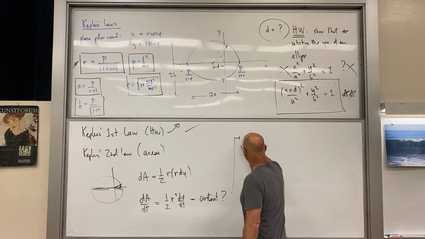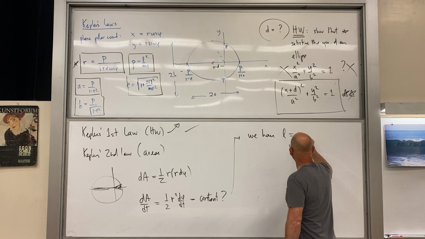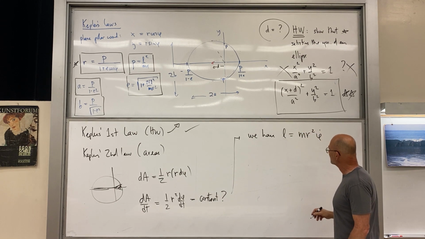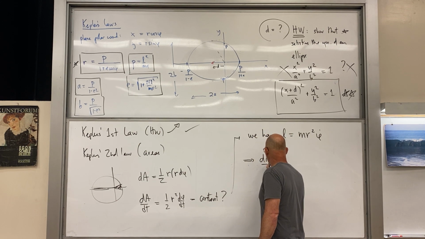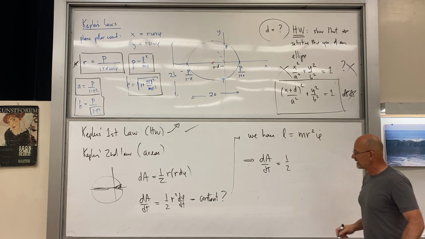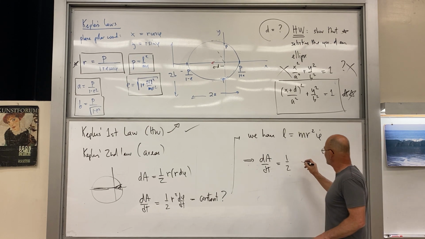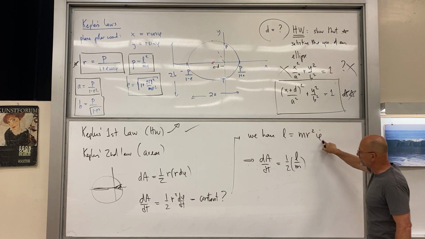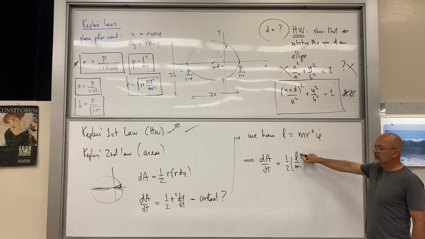Well, we know that L is equal to m r squared phi dot. So dA/dt is 1/2 times r squared phi dot, which is L over m. Right? L is a conserved quantity.